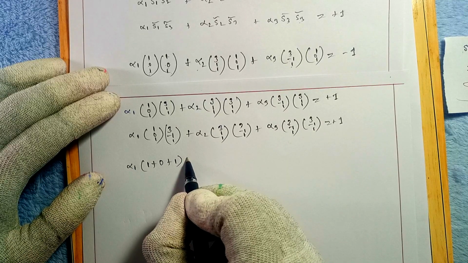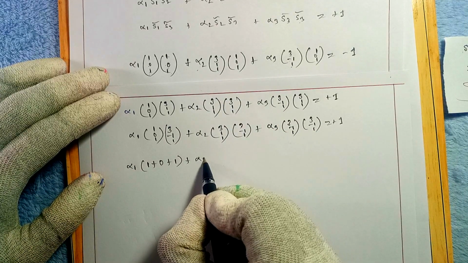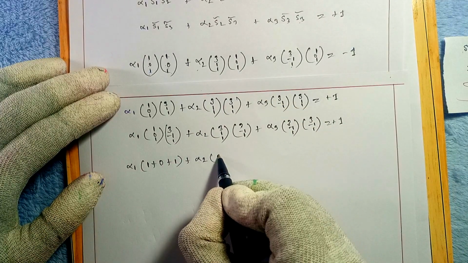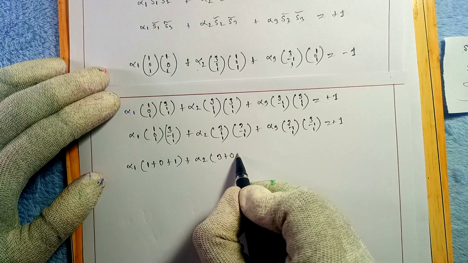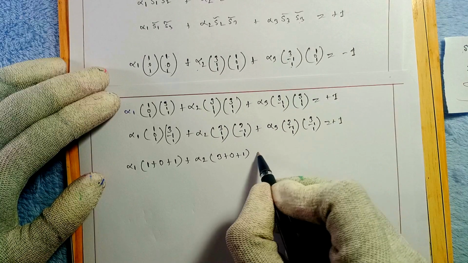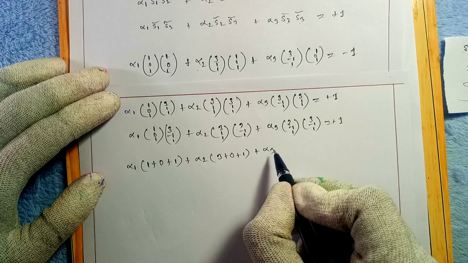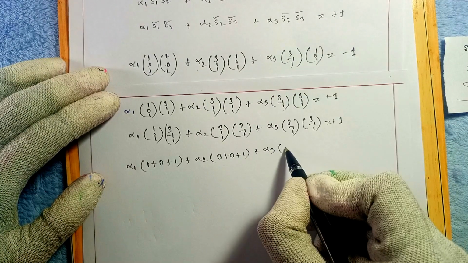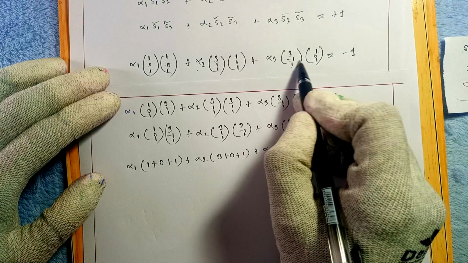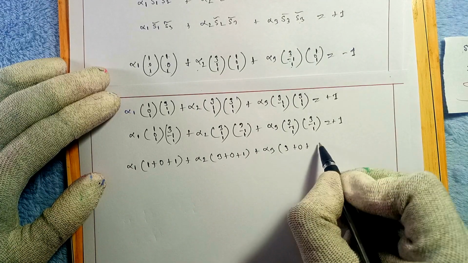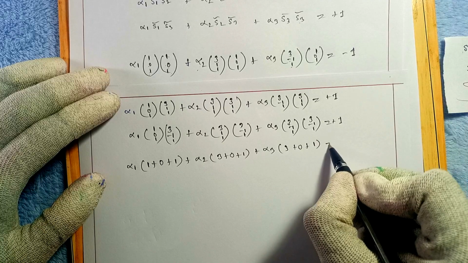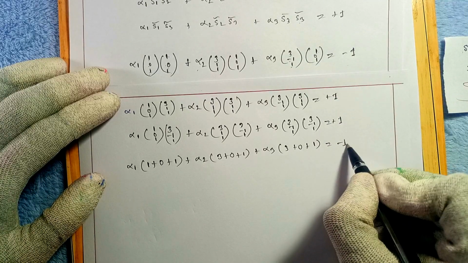And the same we can write here alpha 2: 3 plus 0 plus 1, and for this alpha 3: 3 and 1 is 3, minus 1 into 0 is 0, 1 into 1 is 1, equal to minus 1.